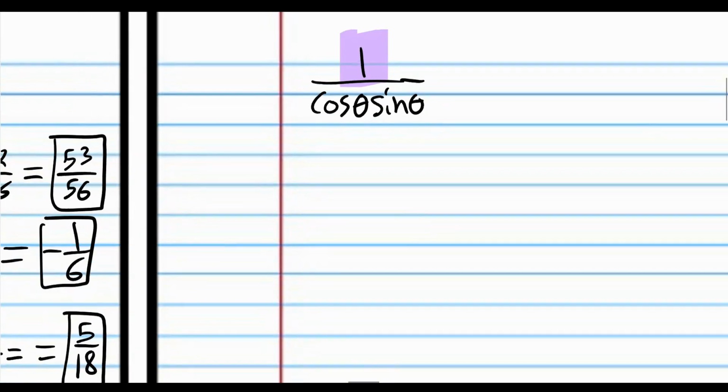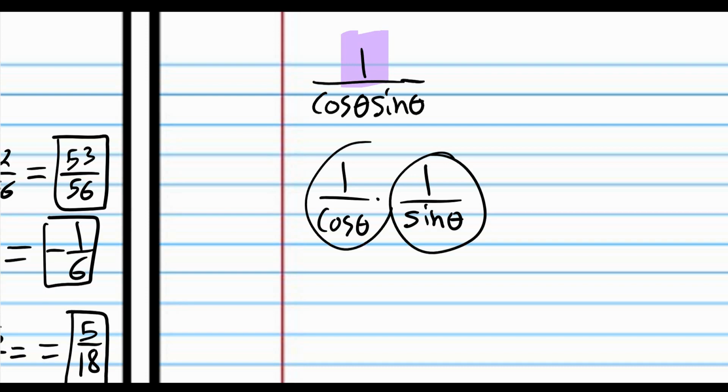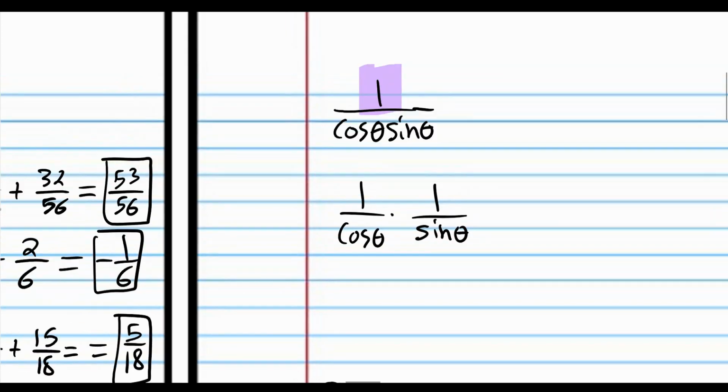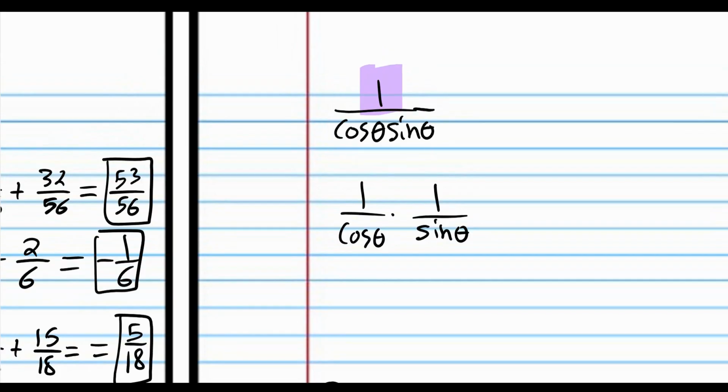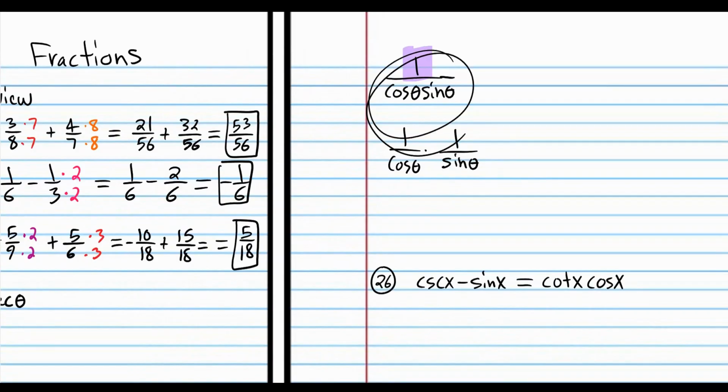So we don't really have to show much more work, but I'm going to factor. If you multiply 2 fractions in this form, you'll get 1 over cosine theta times sine theta. So I went backwards. I factored.